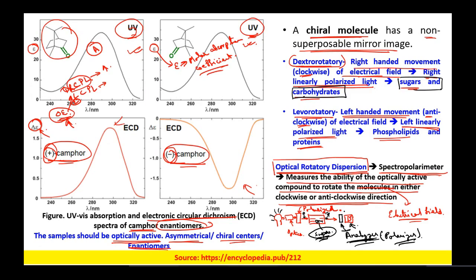And if you have to move the analyzer towards your left-hand side to get the maximum light, then it is called a levorotatory sample.